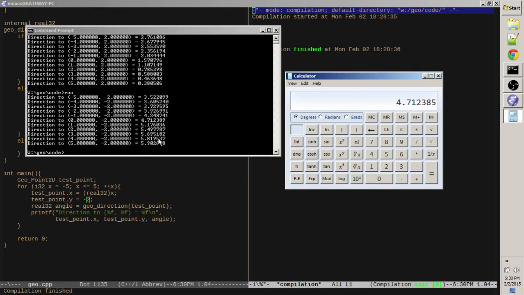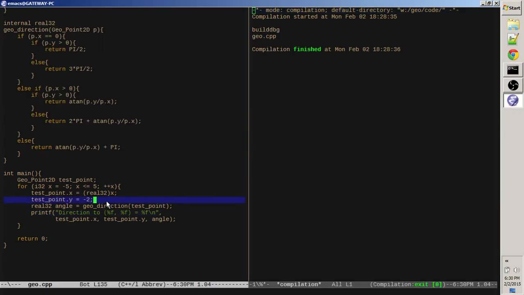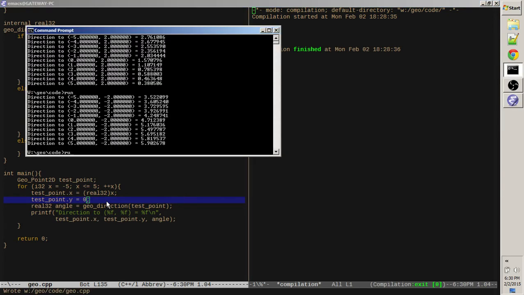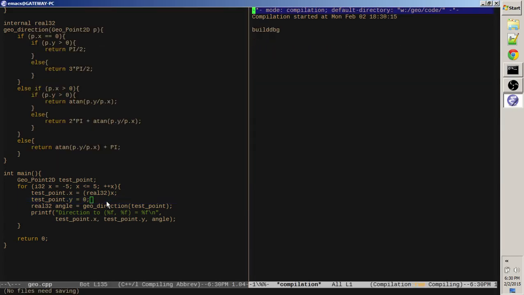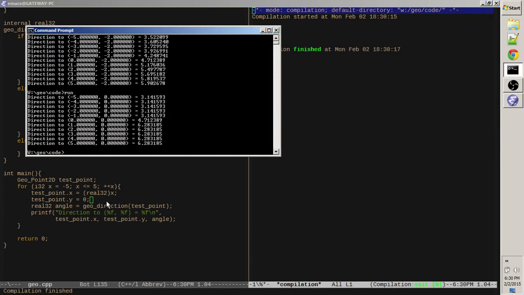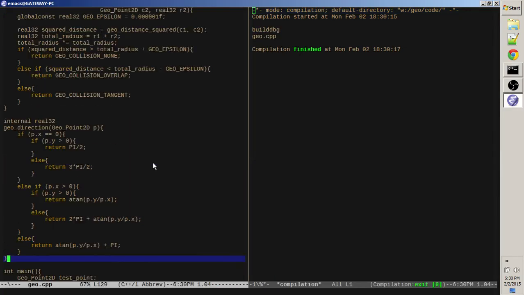This is a continuous spectrum from large to small to large, so that's good. Let's test the 0 here. Oh, gotta build. So now it's starting at pi, and it's going until 2 pi. That's not right. I don't want this to be 2 pi.